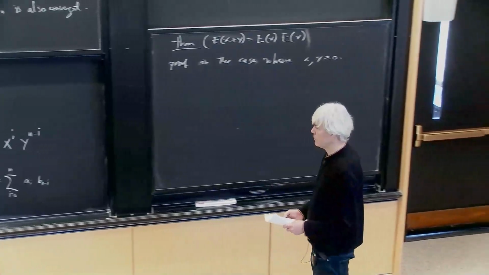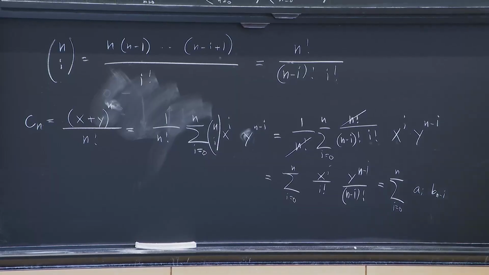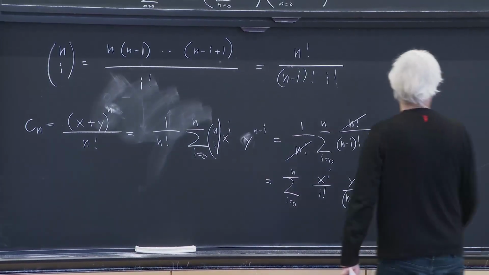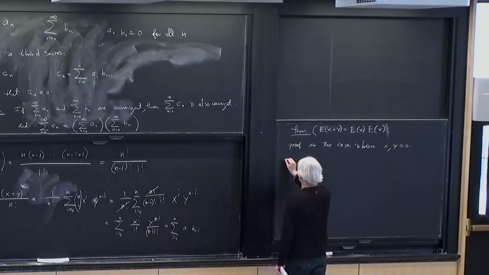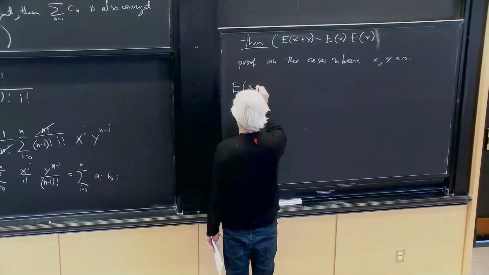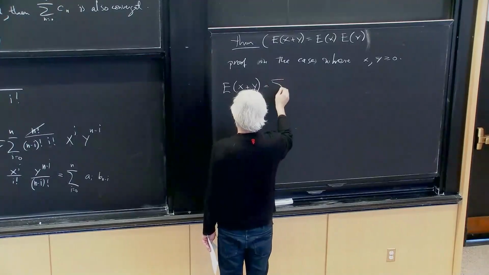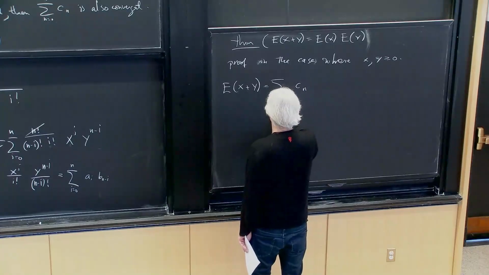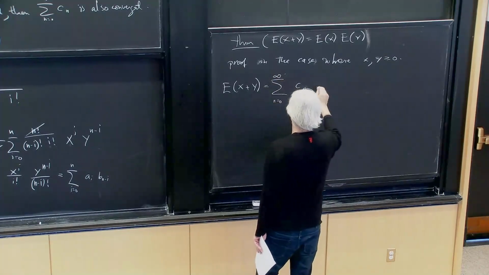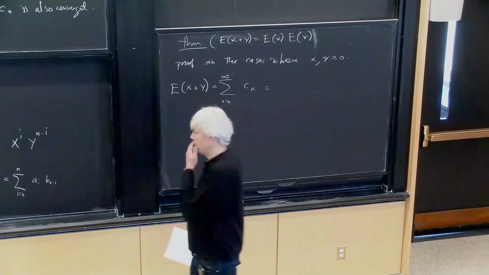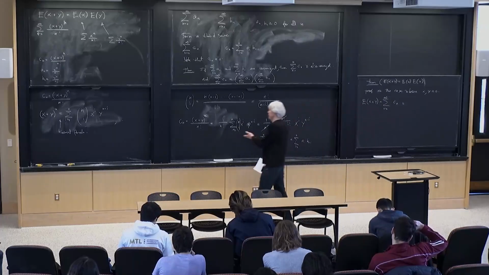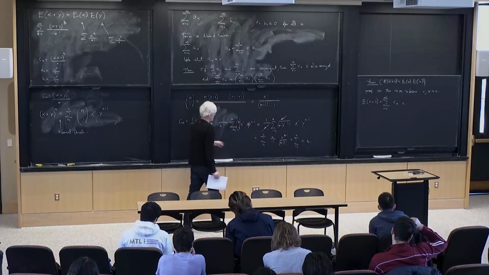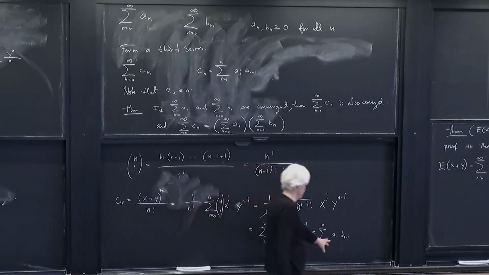Right? And so you see that what we have is that this thing here, that's e of x plus y, with our definition of the c's, this was just defined to be equal to this limit. But the c_n is also given by the product of these two other series.